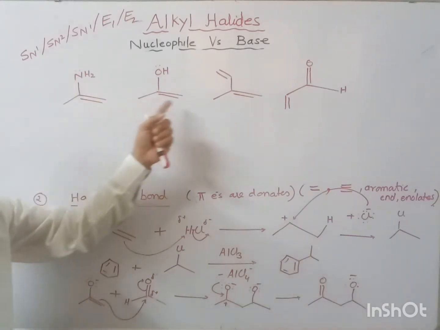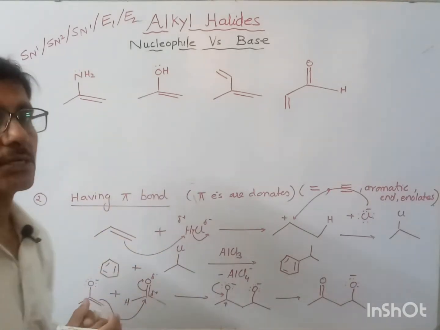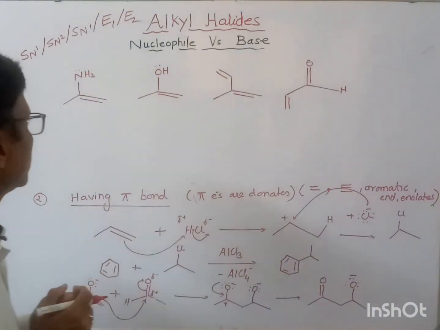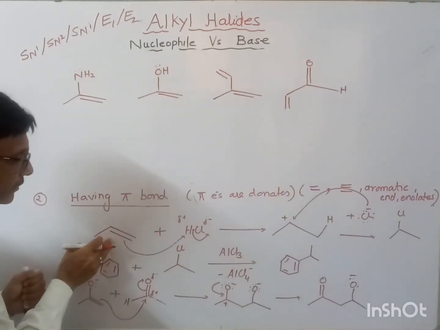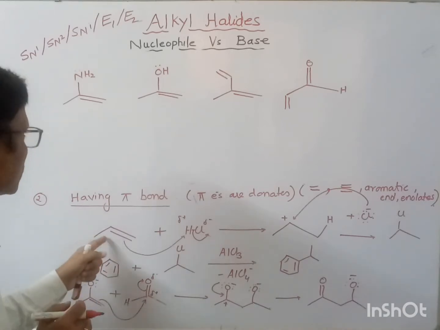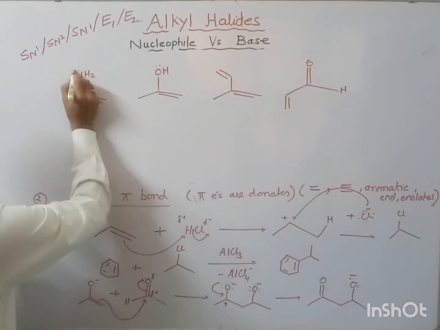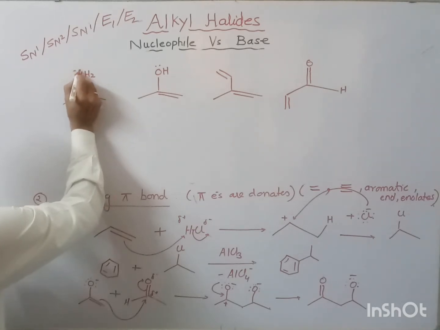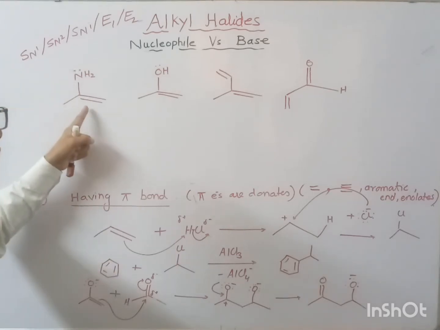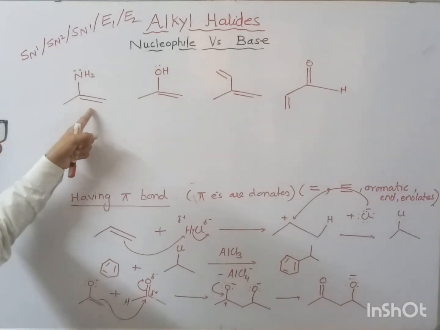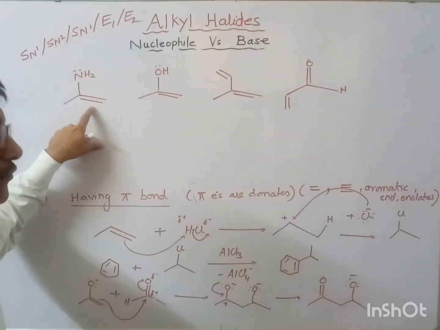Now out of these four species that I have written here, which will act as a stronger nucleophile? If we compare with this one, again you will see two nucleophilic centers. The lone pair of electrons of this nitrogen can act as a nucleophilic center, and the pi electrons, being loosely held in comparison to these electrons, will also act as a nucleophilic center.